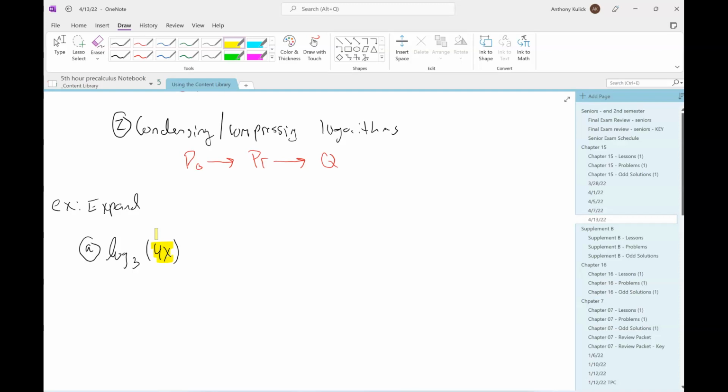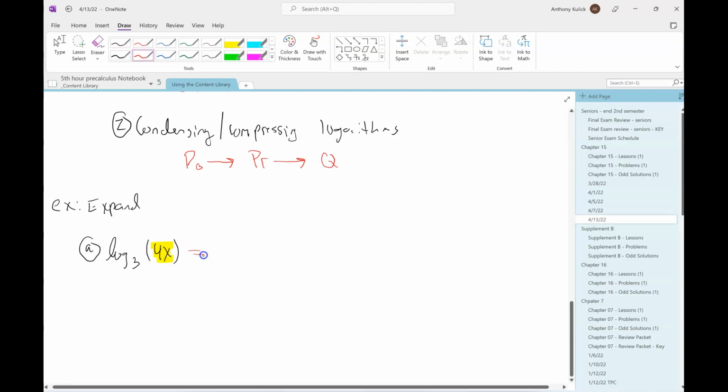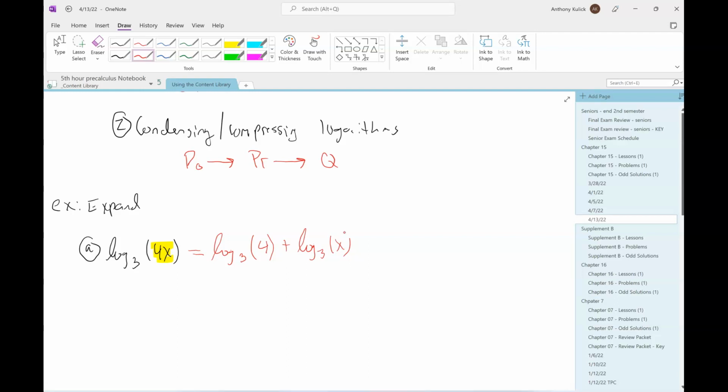Now notice that we don't write a multiplication symbol there, but we know there's one there. So if we apply the product property there, we'd write log base 3 of 4 plus log base 3 of x. Everybody happy so far?